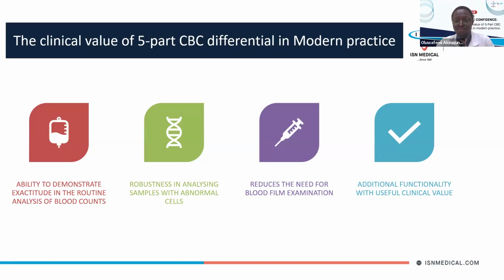It also reduces the need for frequent blood film examination, and additional functionality with useful clinical value can be added to your five-part analyzer. So it allows more room to get more derivative parameters that will be of useful clinical value, especially for the patients.